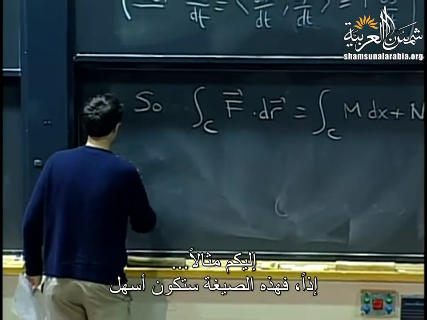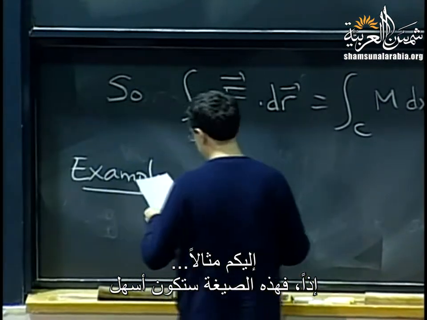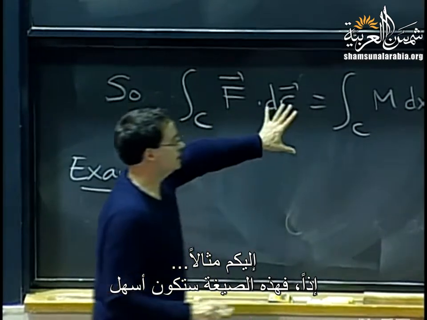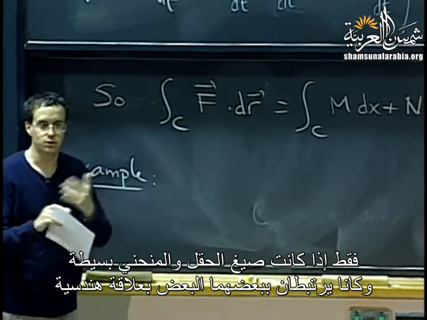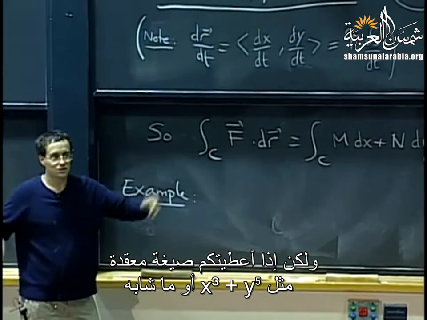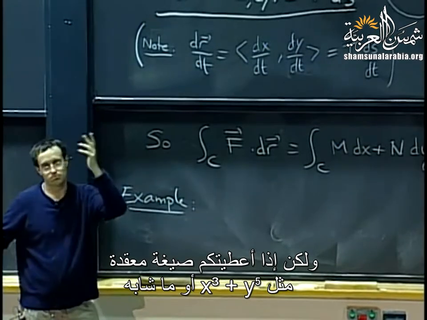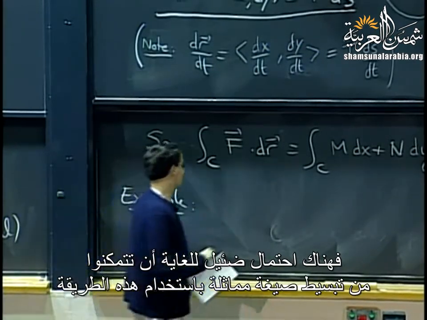So here's an example. This is bound to be easier only when the field and the curve are relatively simple and have a geometric relation to each other. If I give you an evil formula with x cubed plus y to the fifth or whatever, there's very little chance that you will be able to simplify it that way.